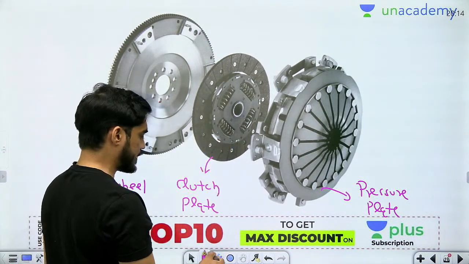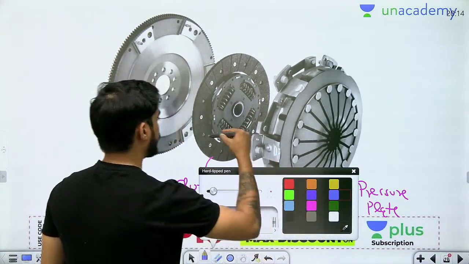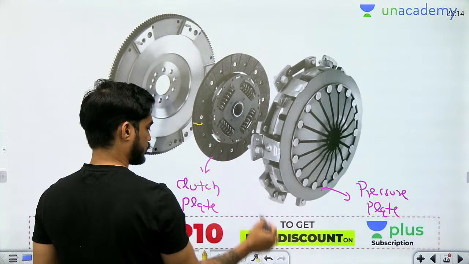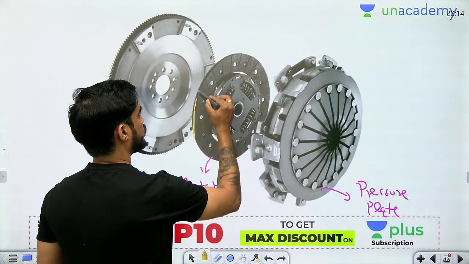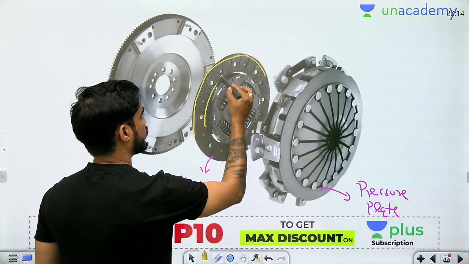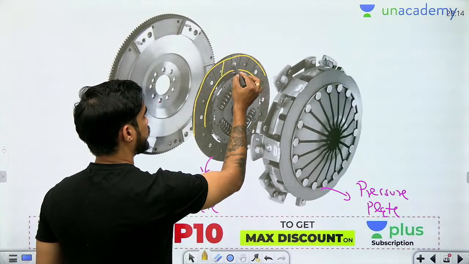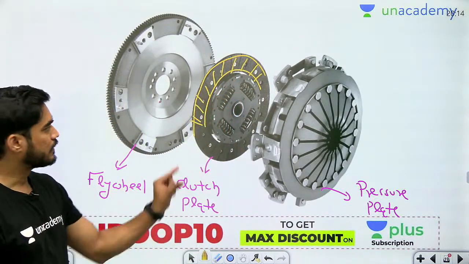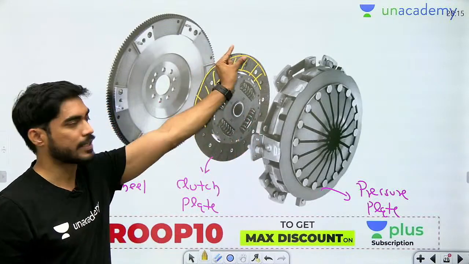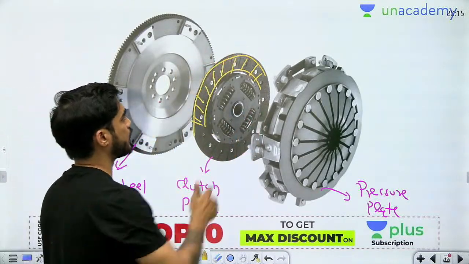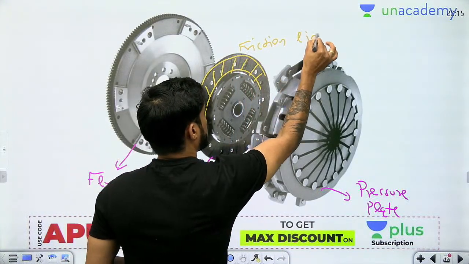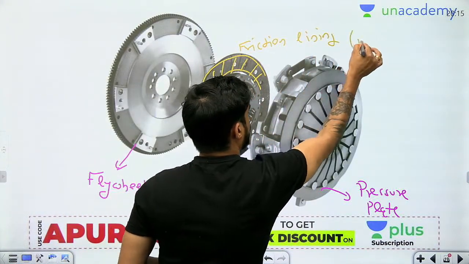Now do you see this part? What is this? This is the coating of high friction material. This is known as friction lining.